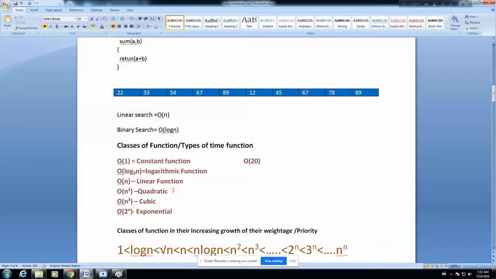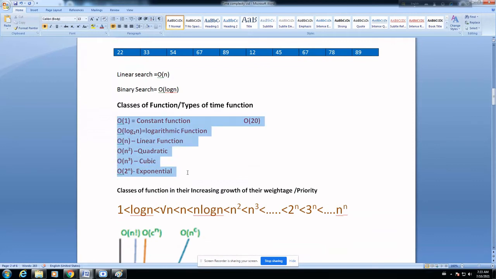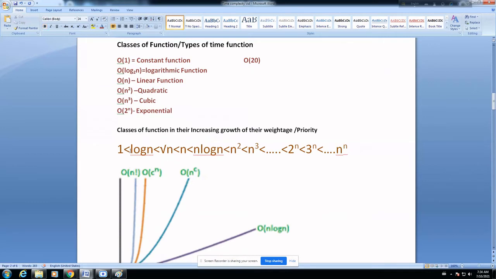Now, whenever we try different algorithms, you will find in some algorithm it's O(n), the time complexity of some algorithm is O(n square), of some algorithm is O(n cube), etc. Now, if I want to write these classes of functions in increasing order of their growth, we can write it this way: 1 is less than log n, less than root n, less than n, less than n log n, less than n square, less than n cube.